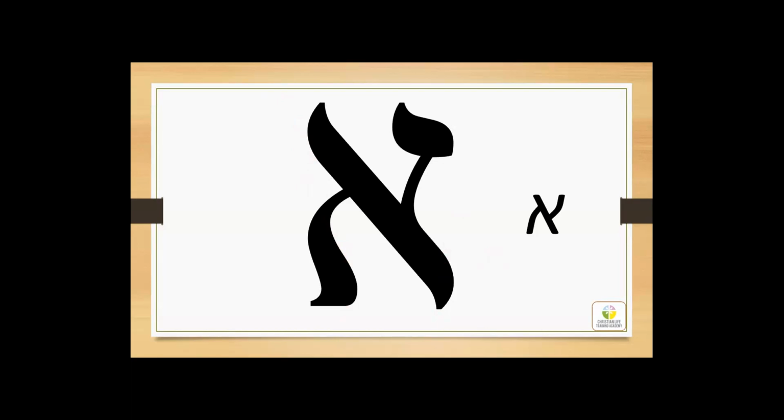All our consonants can form different words. You see, I can use aleph, bet, aleph. That's now abba. That is father. But then I can use bet as a house.